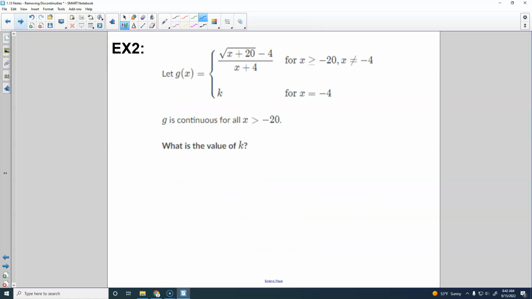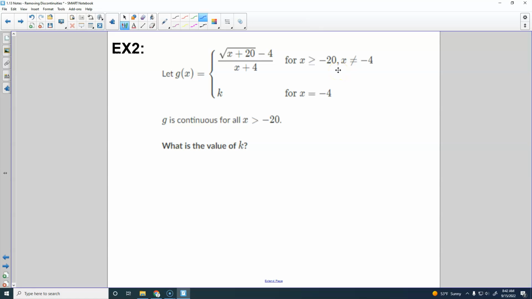Let's look at our next one. So this one is similar, but we've got x is greater than or equal to -20 and x does not equal -4 here. Why did they put that x is greater than or equal to -20 as part of this domain here?